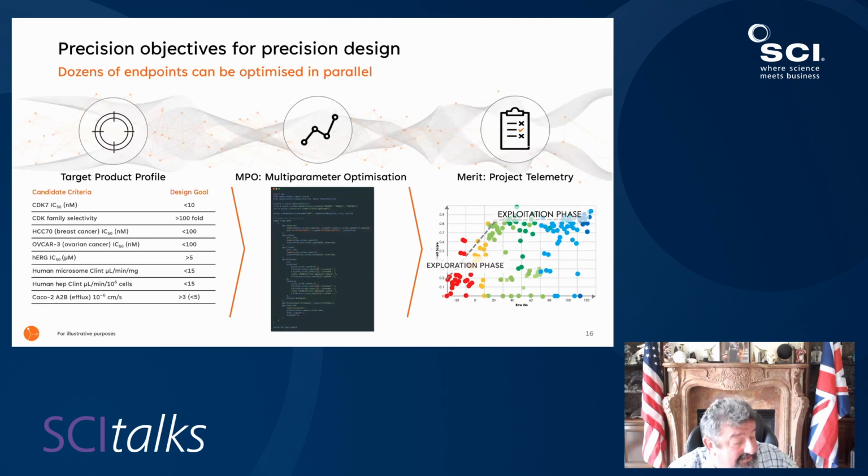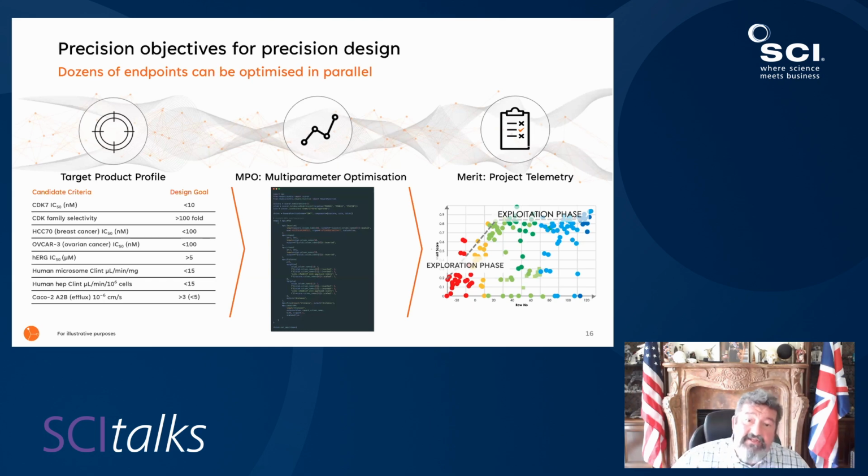So it's certainly not the case that a more potent compound is better than something that just achieves the exposure and potency required to modulate the disease process. So one of the tricks in drug discovery is knowing when to stop against a particular parameter.